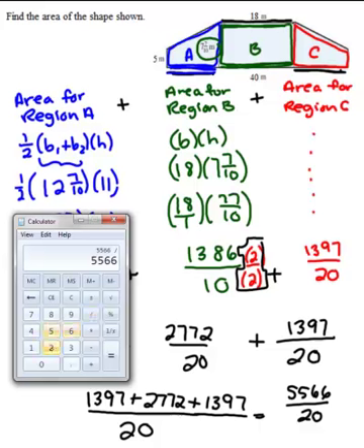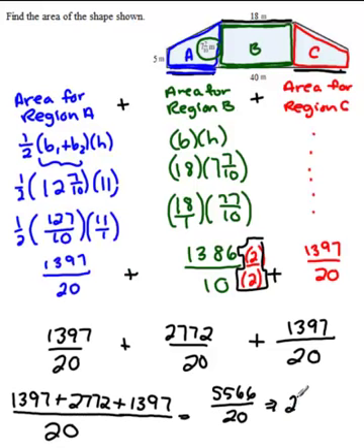Divided by 20 to get a rounded answer of 278 and 3/10. We'll write that answer out and label it and we'll be done. 278 and 3/10. My label, because this is area, is square units, so meters squared. And that's my final answer.